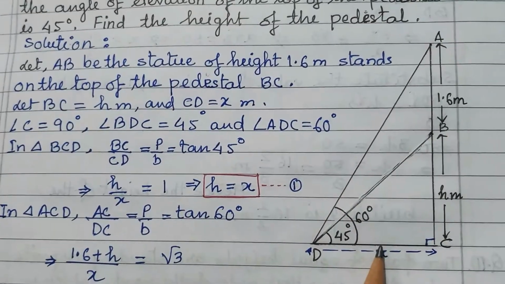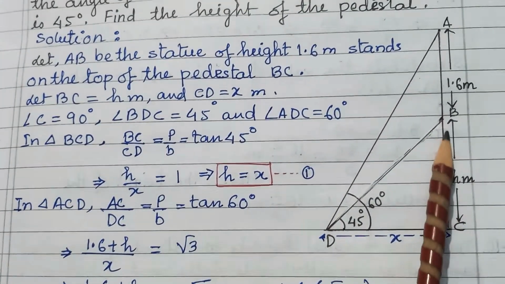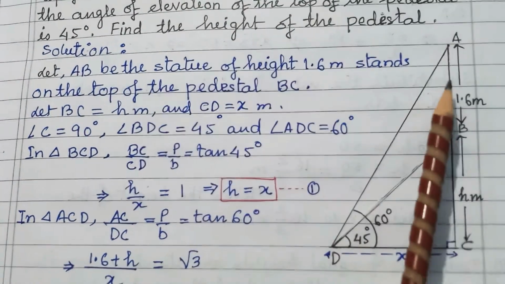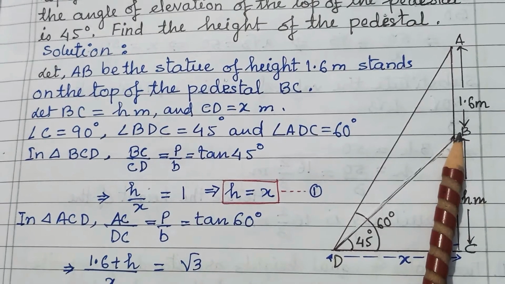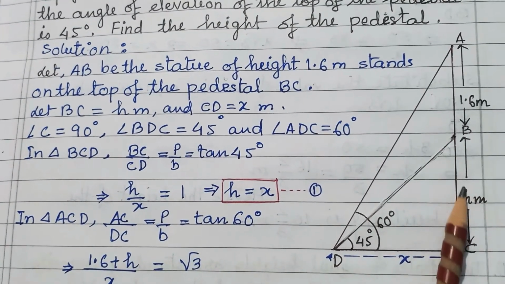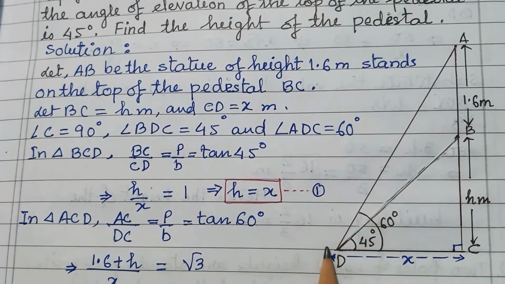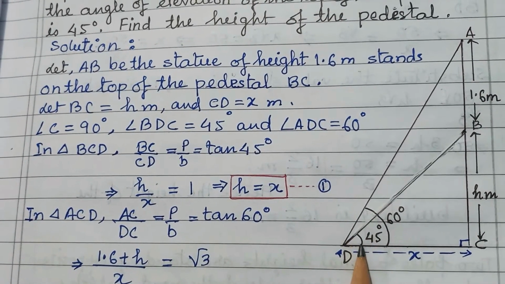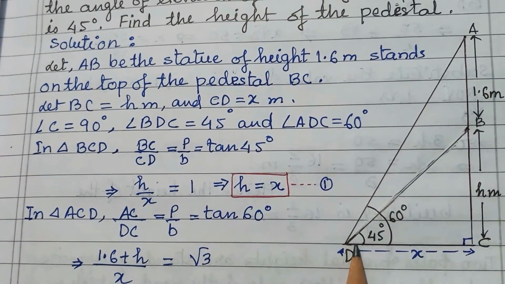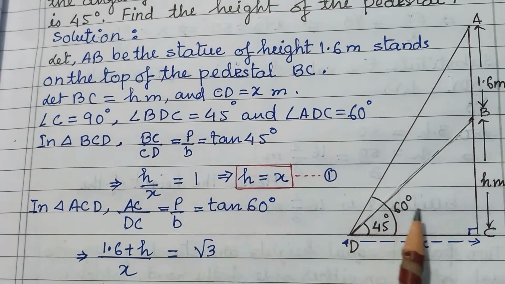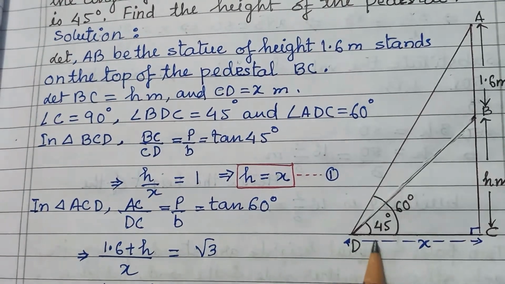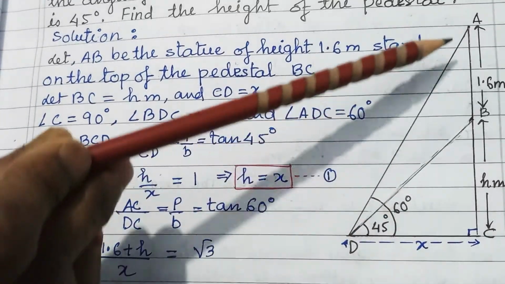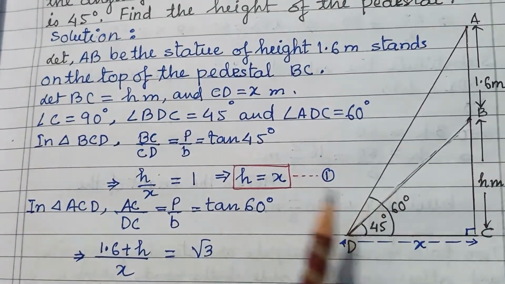BC is the pedestal, and a statue 1.6 meter tall is standing on the pedestal. Point B is the top of the pedestal and point A is the top of the statue.